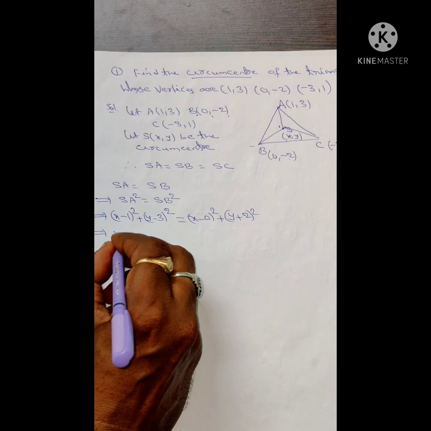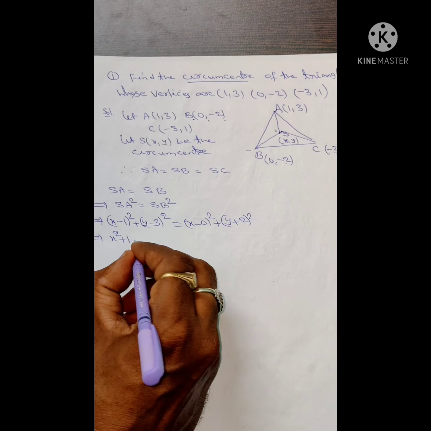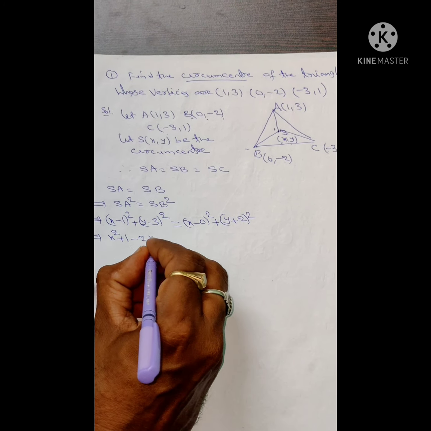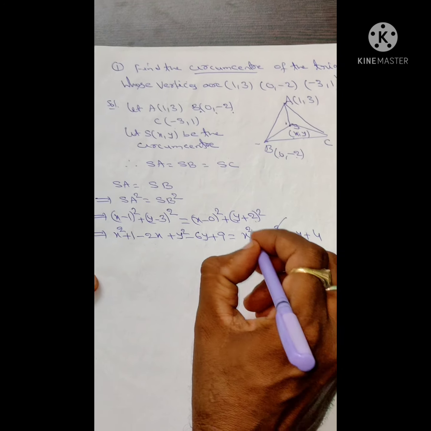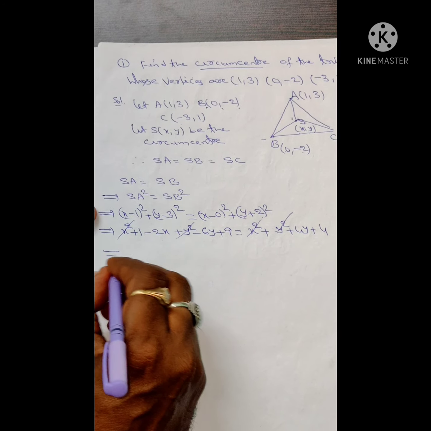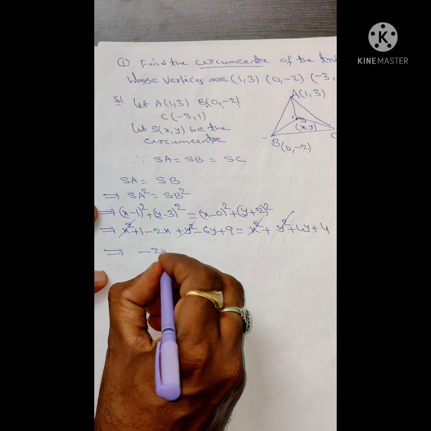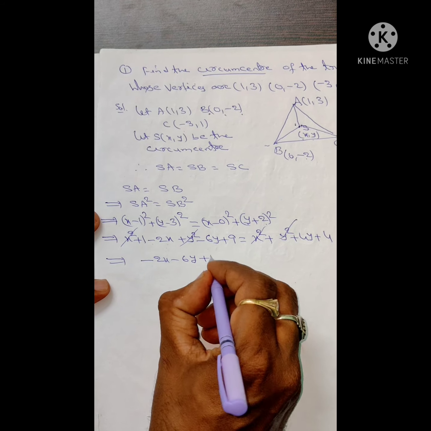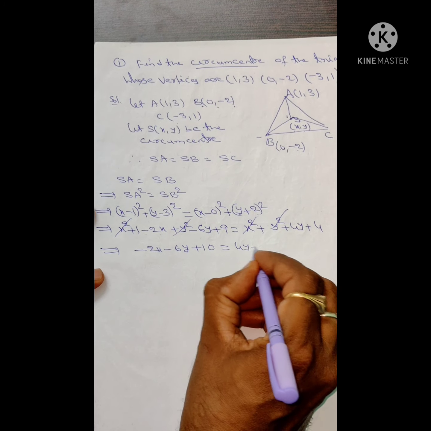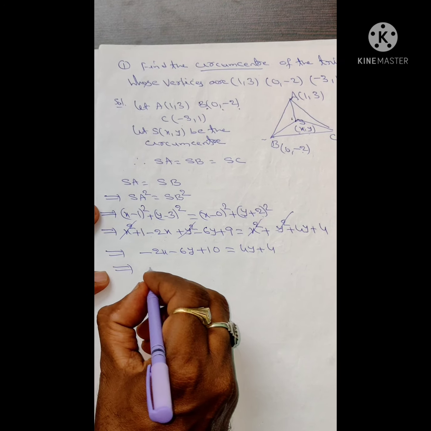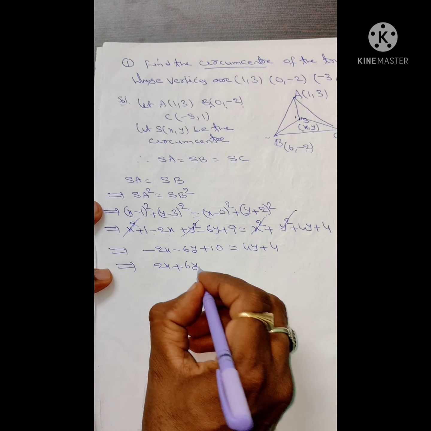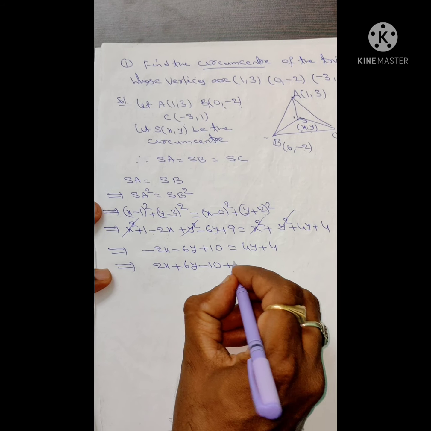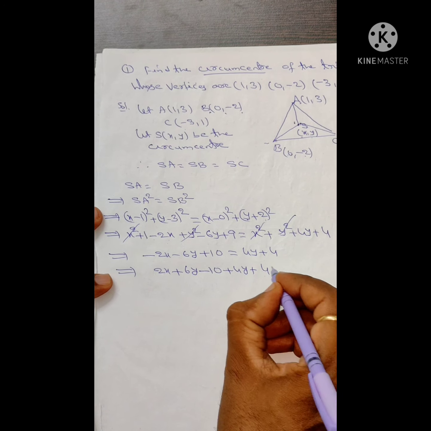Now expanding the (a minus b) whole square form: x square plus 1 minus 2x, plus y square minus 6y plus 9, equals x square plus y square plus 4y plus 4. The x square and y square get cancelled. Now this is minus 2x minus 6y, 9 plus 1 means 10, equals 4y plus 4. Sending this across, 2x plus 6y minus 10 plus 4y plus 4 equals 0.